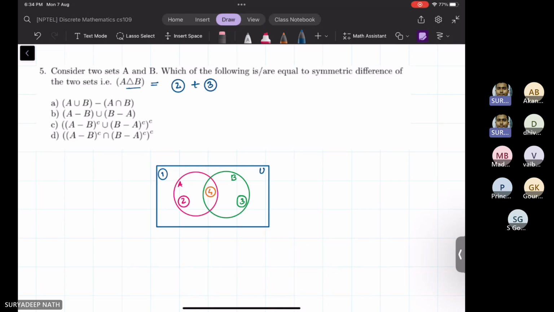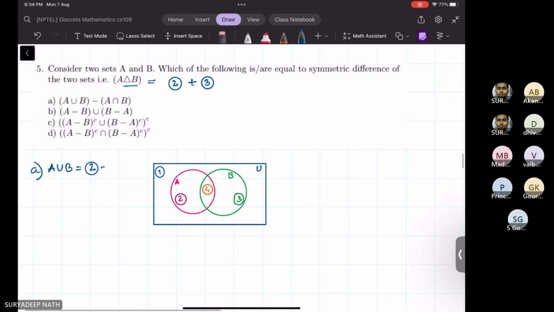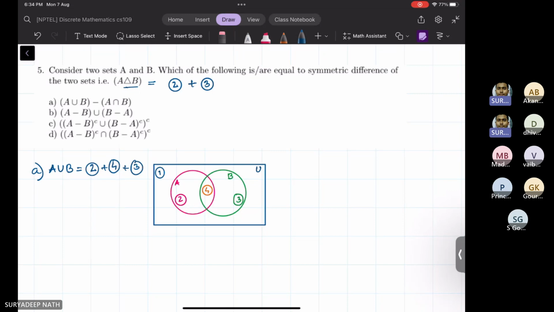If you see the first one, A union B, let me write it here. A union B would be 2 plus 4 plus 3, and A intersection B would be 4. So A union B minus A intersection B would be 2 plus 3.